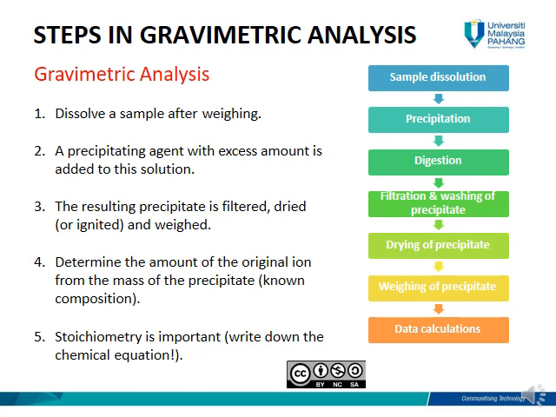After that you weigh the precipitate. Number four, determine the amount of the original ion from the mass of the precipitate. Here we know the composition, so there is no problem with what the precipitate is. You already know this before you do the experiment, so you can easily determine the amount of the original ion from the mass of the precipitate that you weighed.